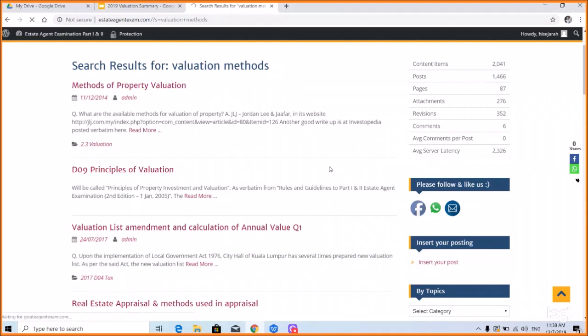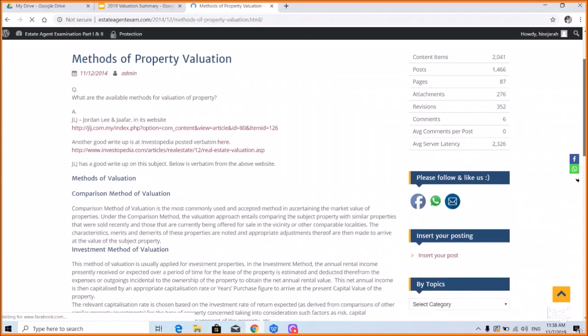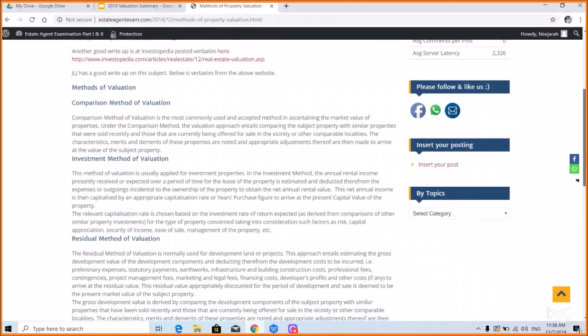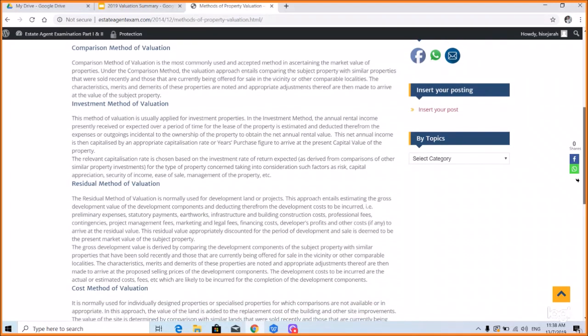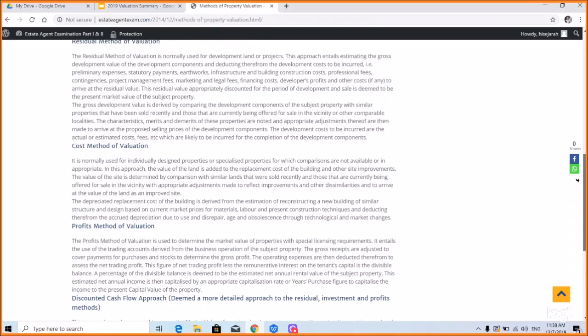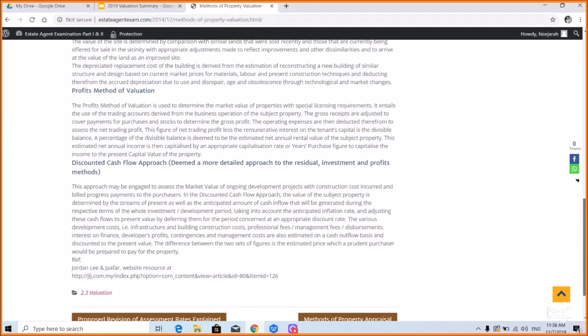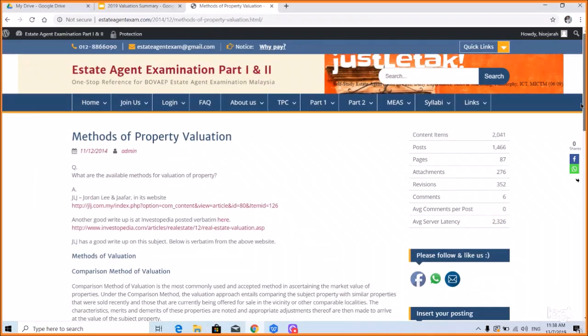If you want to clear yourself on some of the different methods, this particular article layout gives a good summary: comparison method of valuation, investment method of valuation, residual method of valuation, cost method of valuation, profit method of valuation, and discounted cash flow, how discounted cash flow can be used in valuation. This is probably one of the easier articles to read.